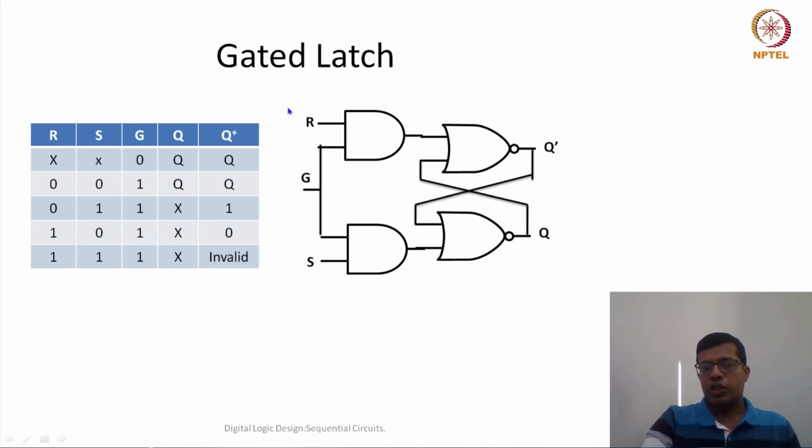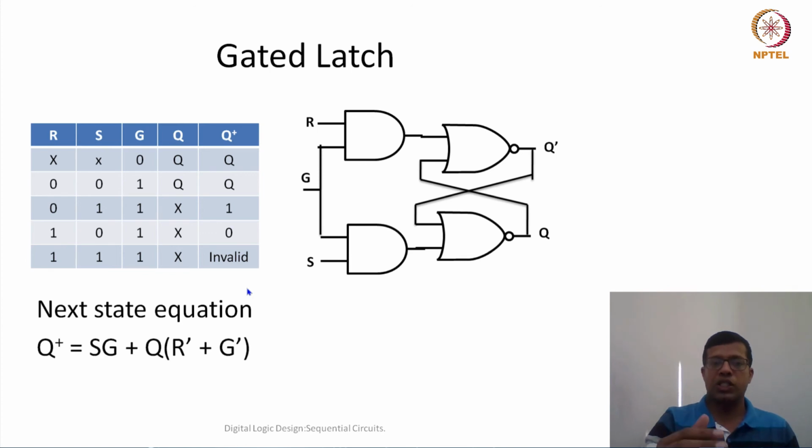Now using this truth table, if I would like to design my next state equation, the next state means the output Q plus. Q plus is the next state or next output. So I can decide this using the gate. If G is 1 and the effect of S is there, then Q plus would be 1.